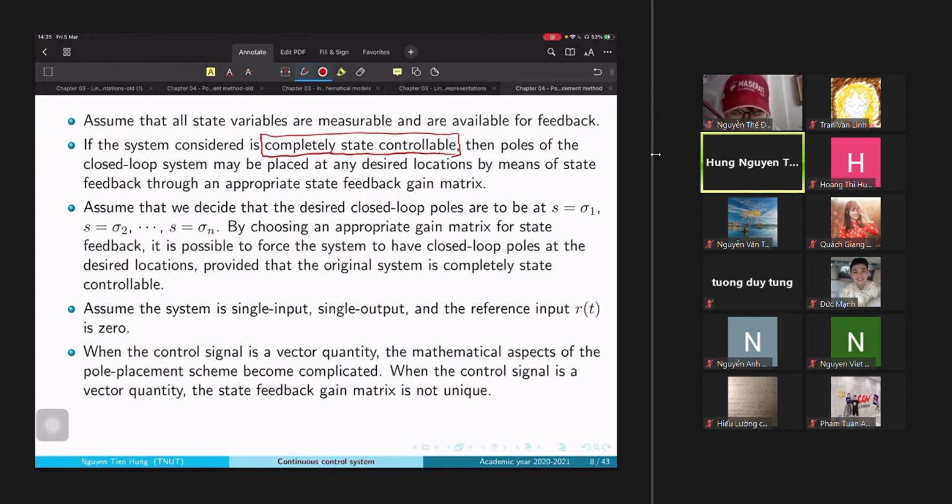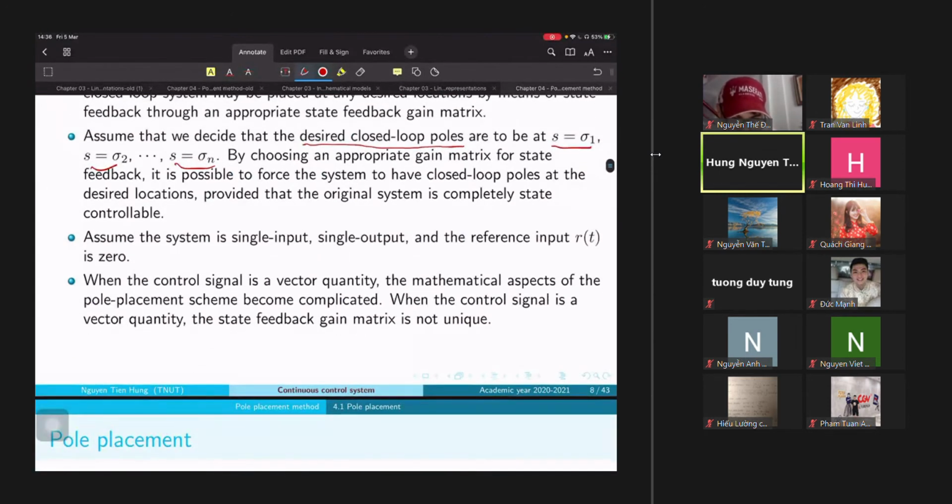We decide on the design of the closed loop, so we have to find the closed loop poles. We would like to put them at the positions s equal to sigma 1, sigma 2, up to sigma n. Now we have to find the state feedback gain matrix to have this position.